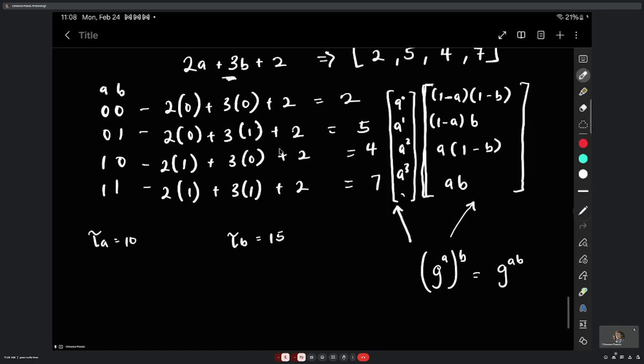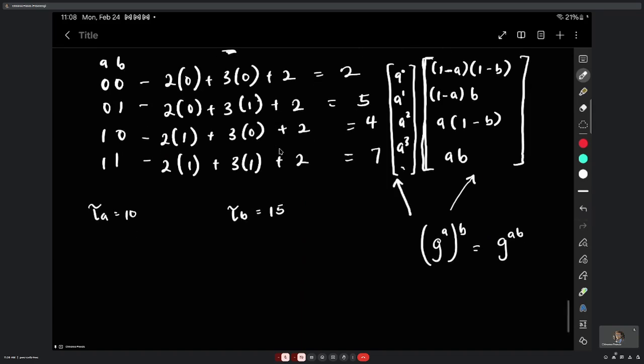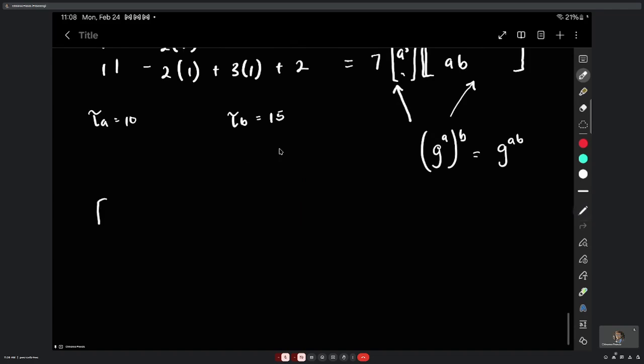In the univariate case, our powers of tau is G to the tau to the 0, G to the tau to the 1, G to the tau to the 2, G to the tau to the 3, and so on, right?